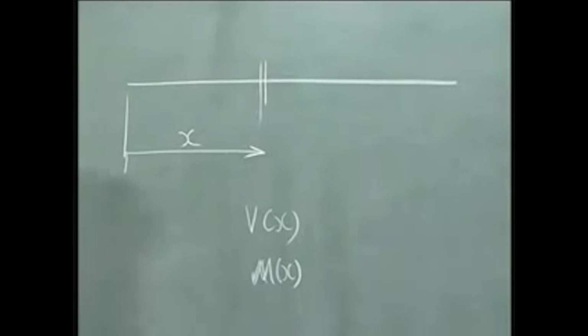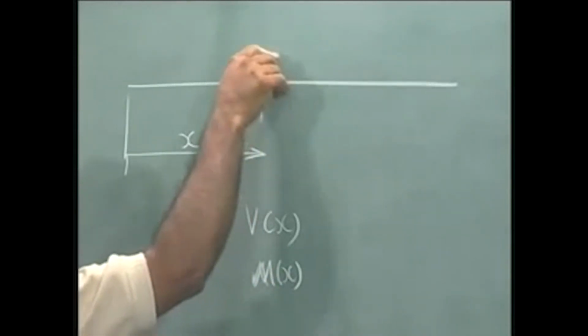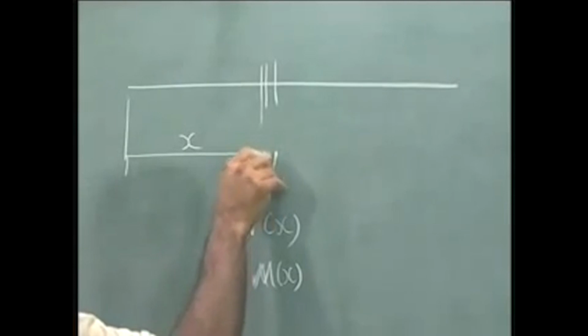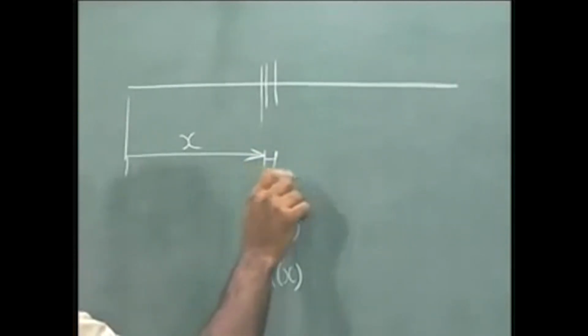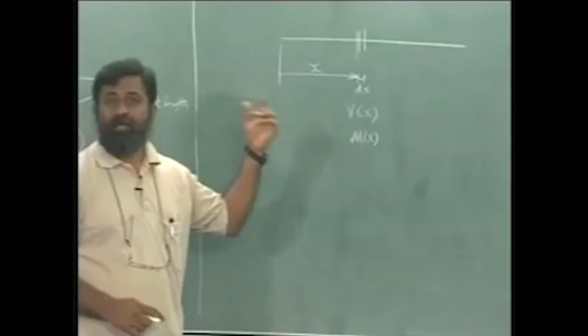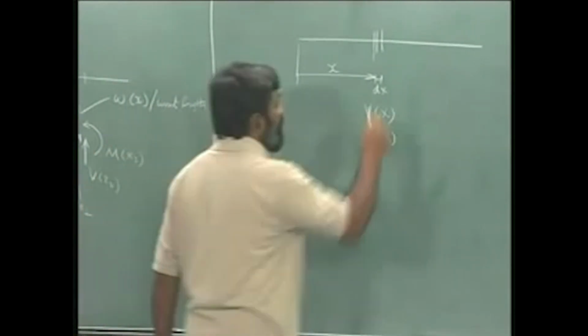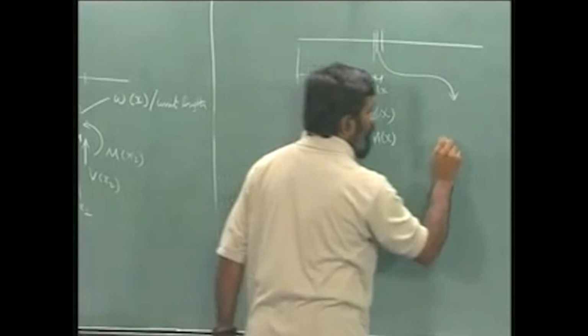One way to do that is I can section a very small segment at x, let us say dx, and examine that particular small element. Let us do that exercise and see what we have.